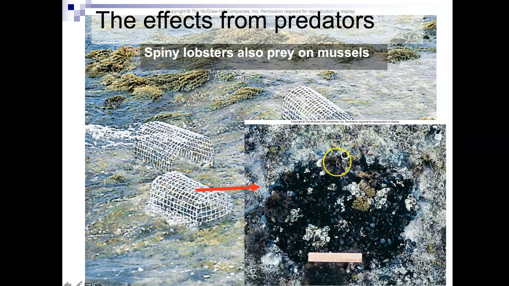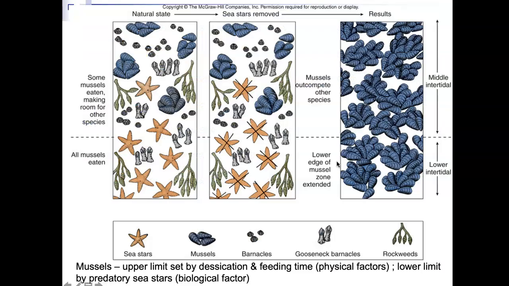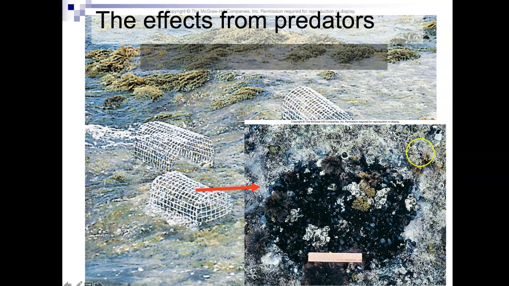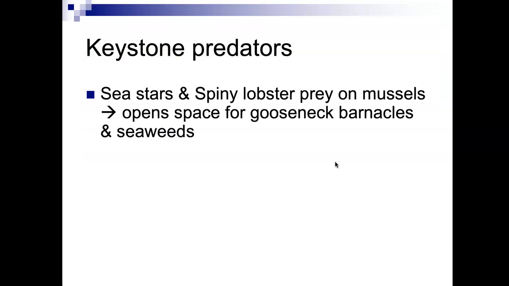And what they found is, just like here when they removed the sea stars, when they did this, we ended up with a monoculture of mussels, mostly mussels here. Few barnacles are still existing, but mostly mussels. So again, this is where we have our keystone predators.